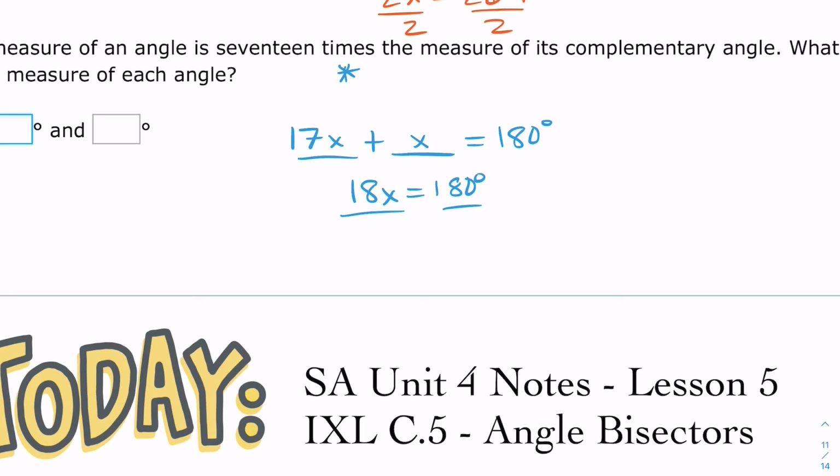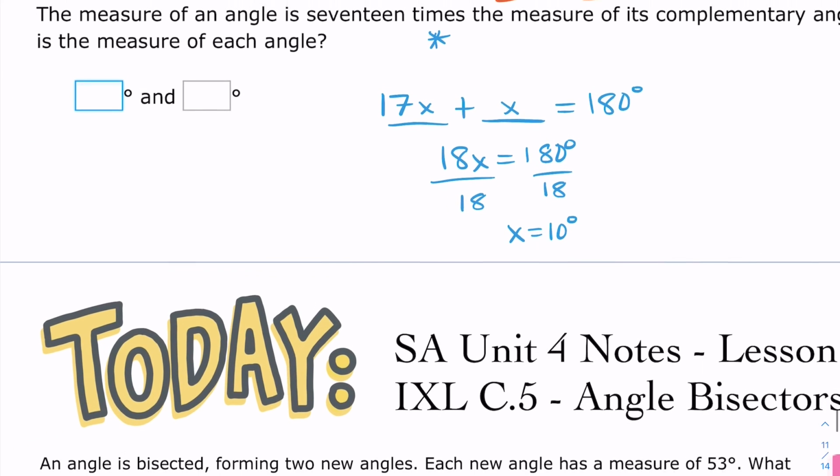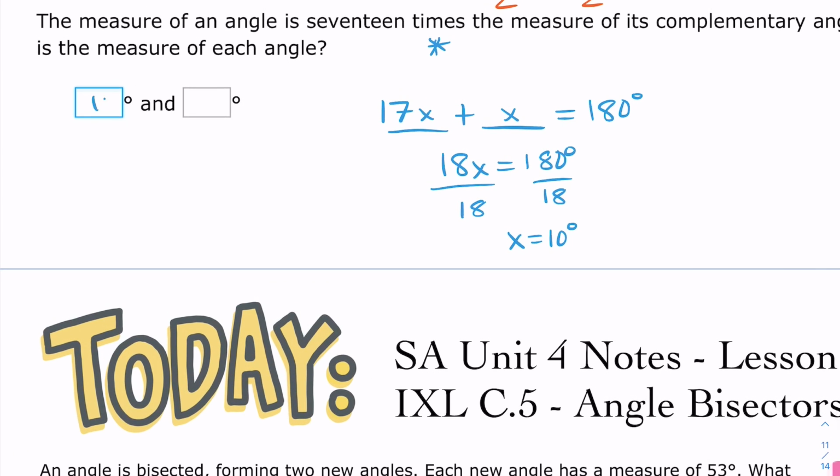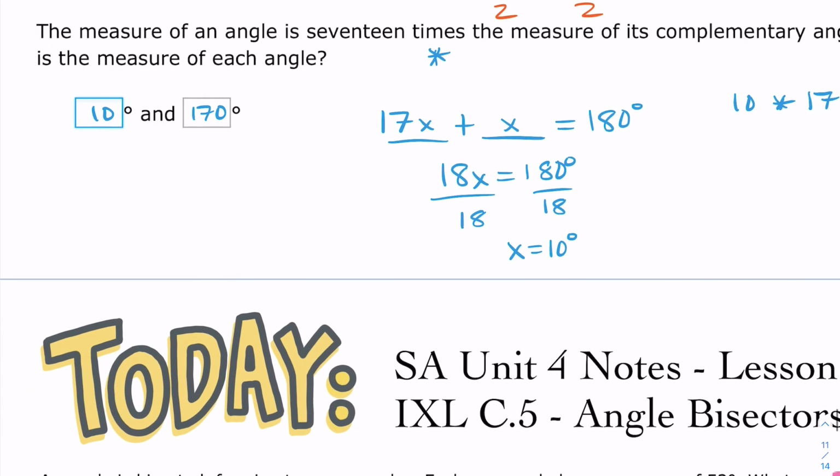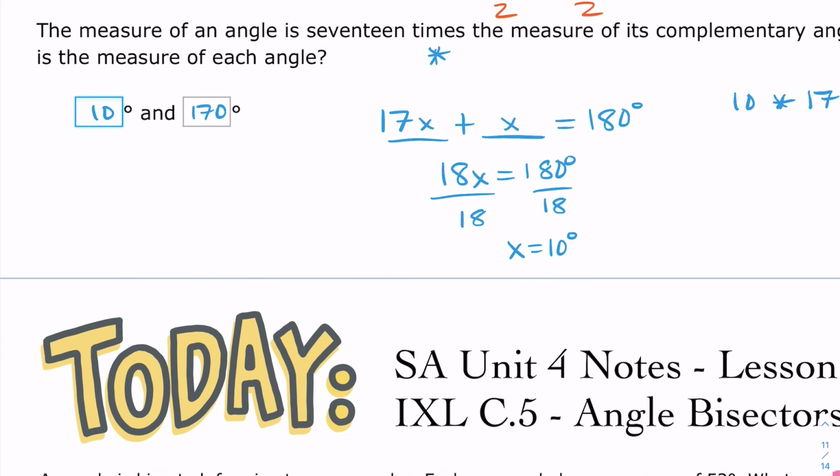I divide both by 18, so x is equal to 10 degrees. So our answers are 10 and 170, because 10 times 17 is 170. Together they add up to 180, but individually this angle, 170, is 17 times the measure of its complementary angle, which is 10.